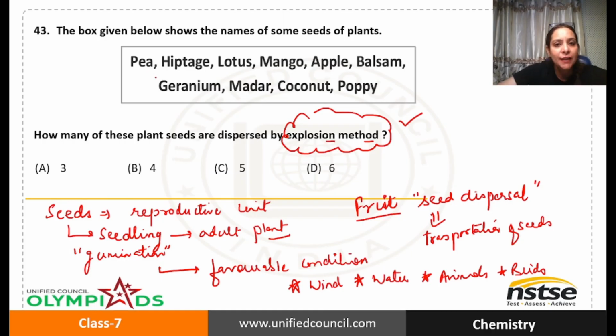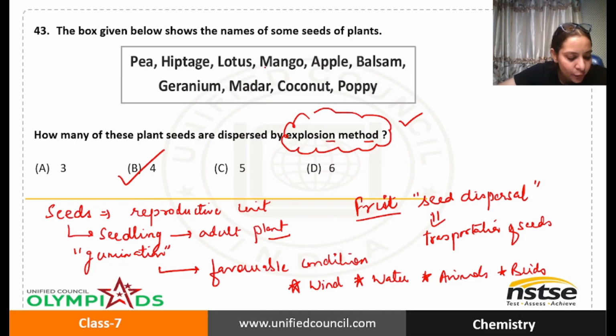So out of pea, hiptage, lotus, mango, apple, balsam, which ones get dispersed through it? That is basically option B. Four seeds of the plants here get dispersed through this method.